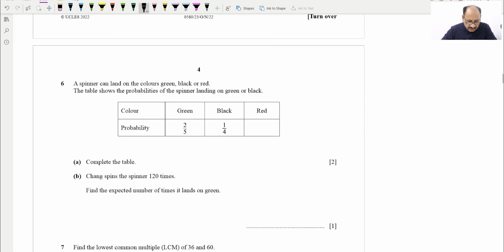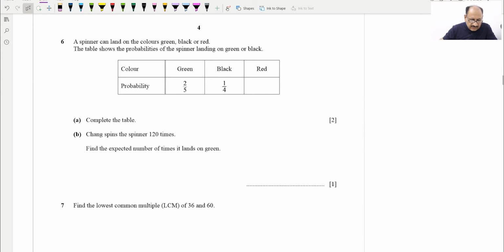Hopefully you understood this. Now for question number 6. Question number 6 says a spinner can land on colors green, black and red. 3 options are there. The table shows the probabilities of the spinner landing on green or black. Complete the table. We know that the sum of probabilities is always equal to 1, so these 3 numbers should add up to 1.